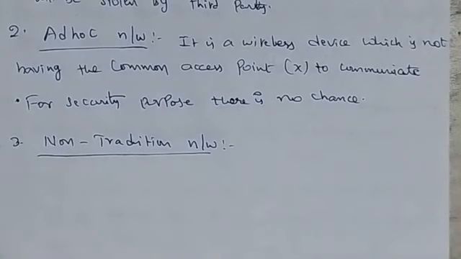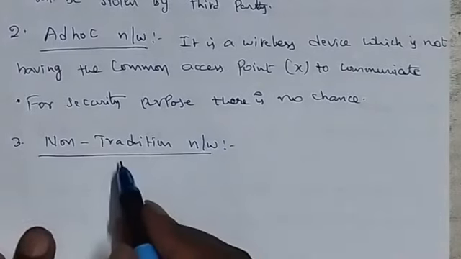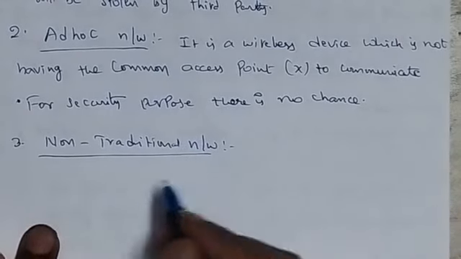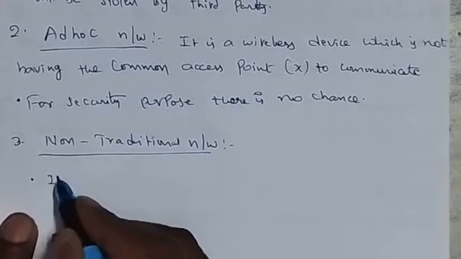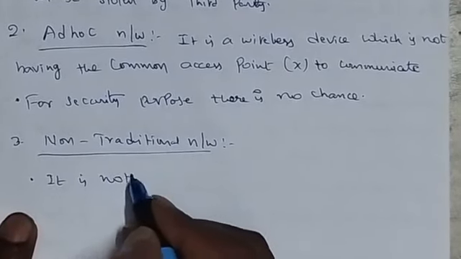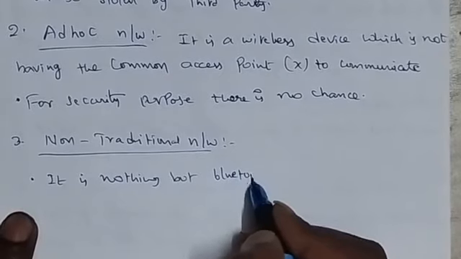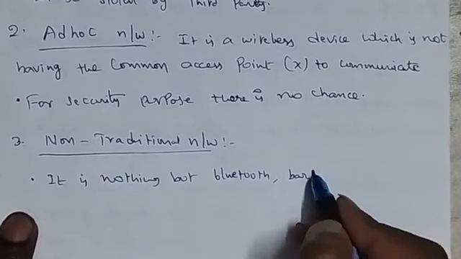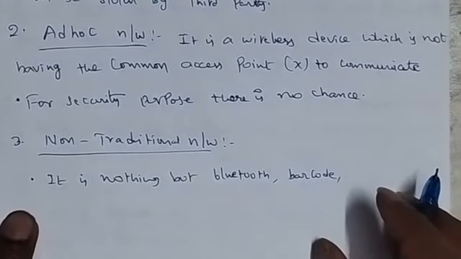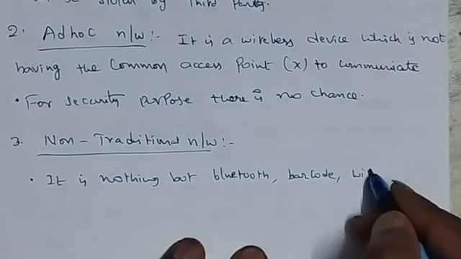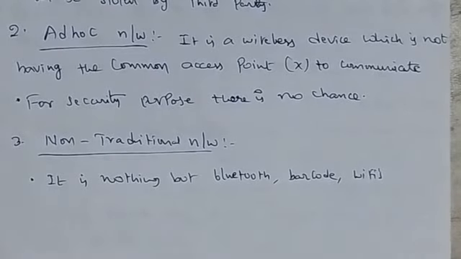The third type is non-traditional network. What does non-traditional network mean? It is nothing but Bluetooth, barcodes, Wi-Fi.